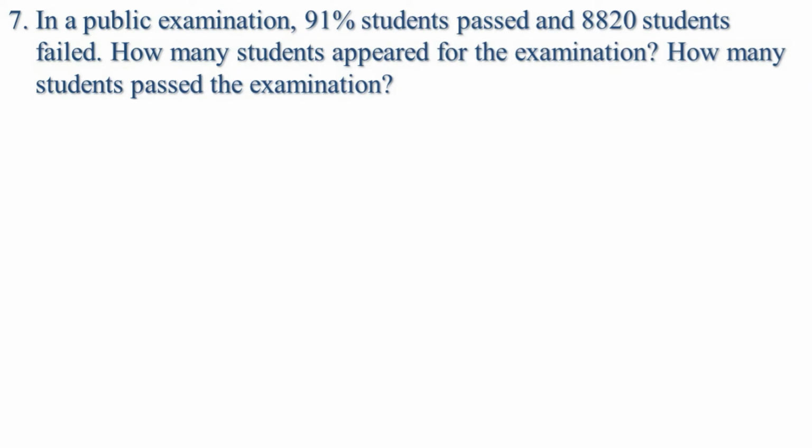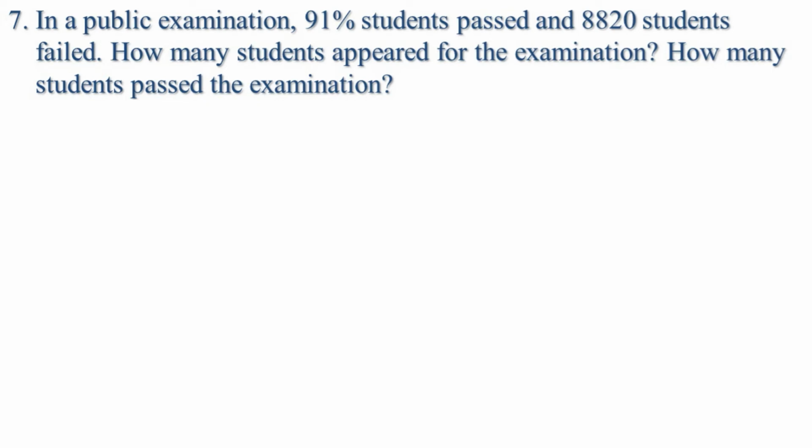In a public examination, 91% students passed and 8,820 students failed. How many students appeared for the examination? How many students passed the examination? Here in this question, they have given that 91% of students passed the examination and the number of students failed is 8,820.